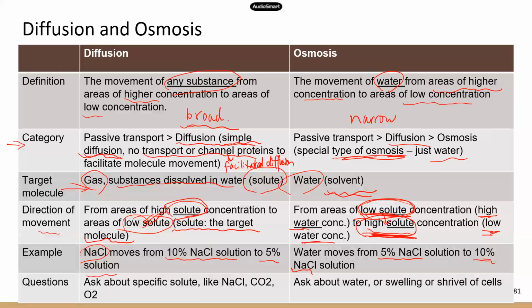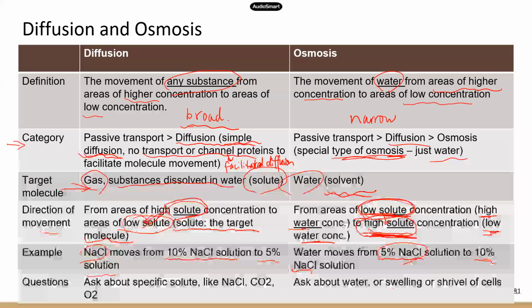And it really helps with your career later as well, because all the solutions you're going to see at hospitals and clinics are going to be the concentration of the solute. So you're going to see 5% sodium chloride. You will never see 95% water. So I would suggest that you remember water movement based on solute concentration. So water moves from low solute to high solute.